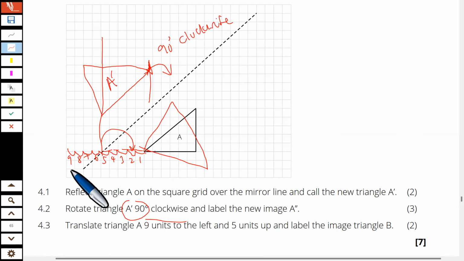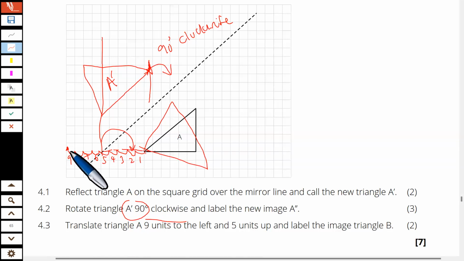Then now this front of the triangle is going to be obviously 9 units there. Right, so if it would have traveled 9 units, it means that every part of the triangle would have moved 9 units. Every vertex and every part of it would have moved 9 units.